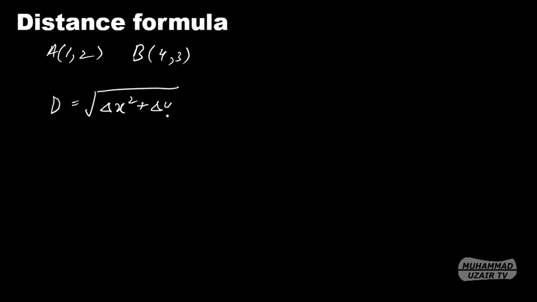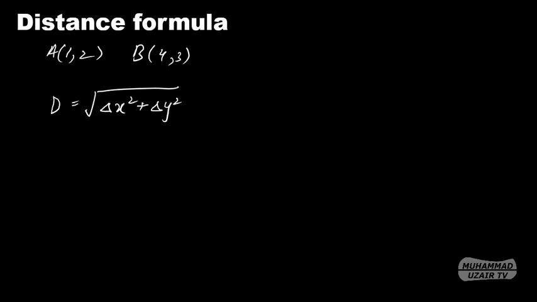Let's do some examples. Example, finding distance. Let's suppose we have A is equal to (1, 2) and B is equal to (4, 3). Let's suppose these are 2 points. You want to find the distance between these 2 points. As we know that d is equal to under root delta x square plus delta y square.